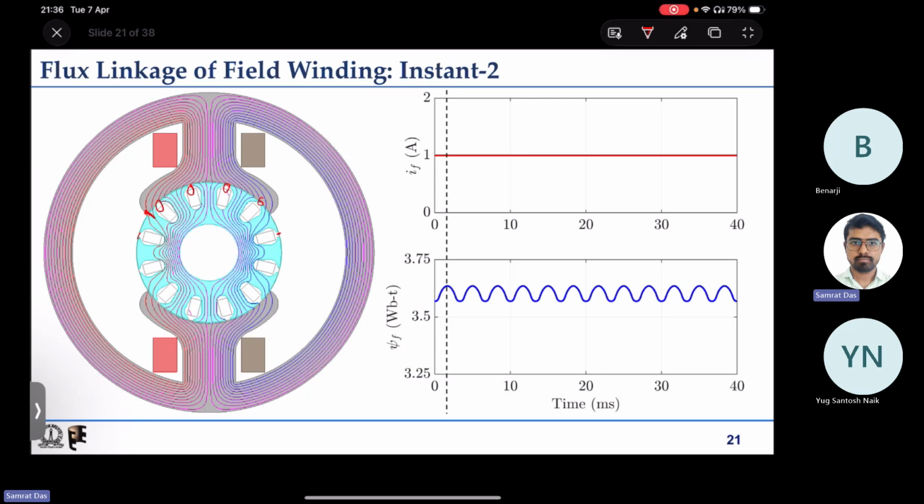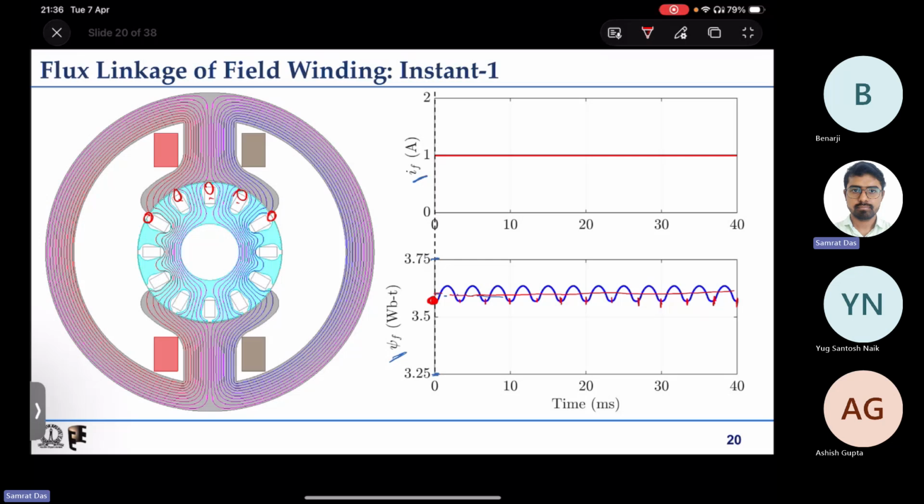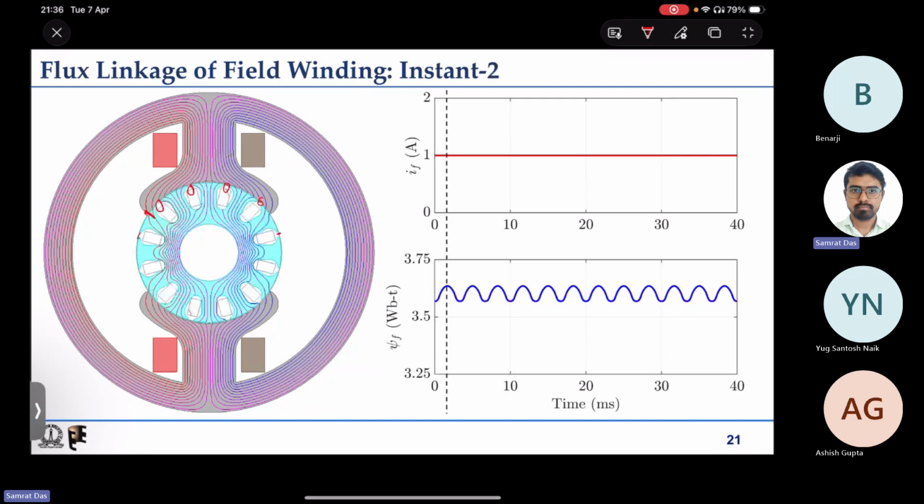As the rotor keeps rotating, these two cases appear again and again. In one case you have 3 slots under the pole, and the other 2 slots are at the edge just away from the stator pole.